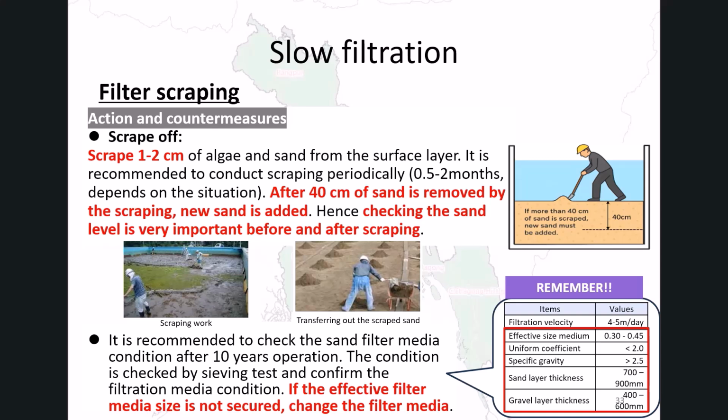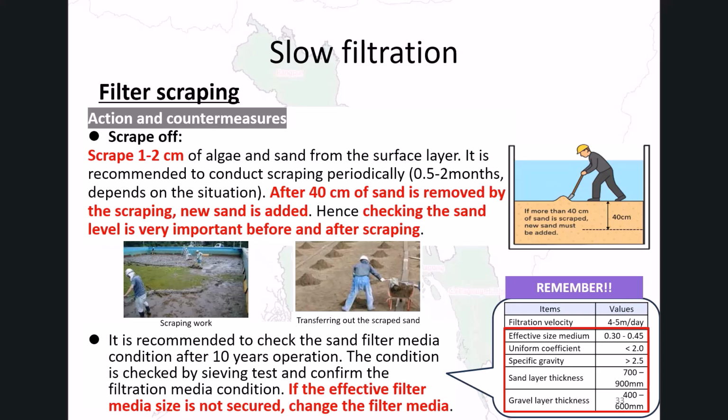The purpose is not just to clean the filter completely, but to remove the clogged portion while allowing the biological layer to regenerate. Because scraping is repeated over many years, the sand layer gradually becomes thinner. When the total removed thickness reaches around 40 centimeters, new sand must be added to restore the designed sand depth.